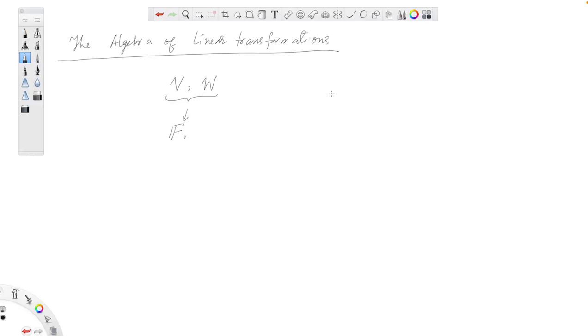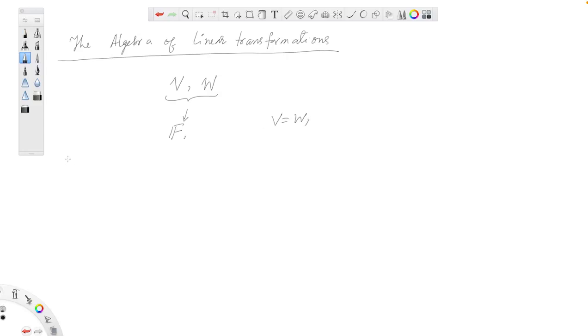Okay, so in the special case when V is equal to W, so that we are concerned with all the linear transformations from the vector space V to itself, it can be endowed with the structure of a linear algebra. Okay, so for the rest of lecture 7, we'll be discussing various properties of the linear algebraic structure of this set of linear transformations from the vector space V to itself.